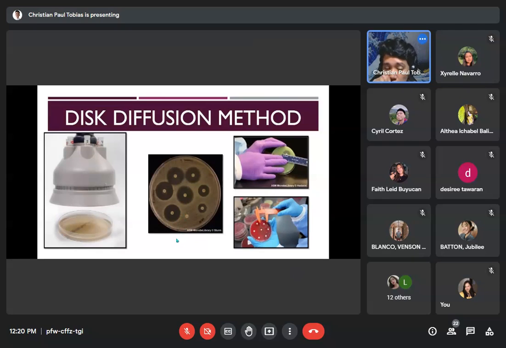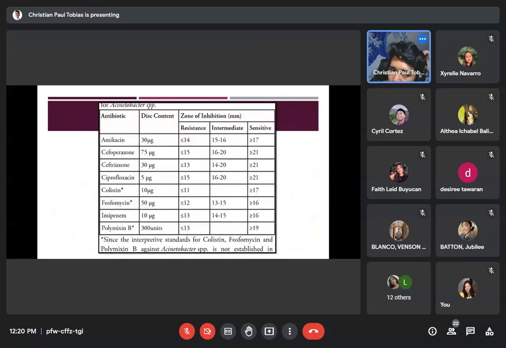So, simple lang naman. Ang susi lang dyan, dapat familiar tayo sa mga ito. Okay, we just need to be familiar with this and this is just an example. You don't need to memorize itong mga to.